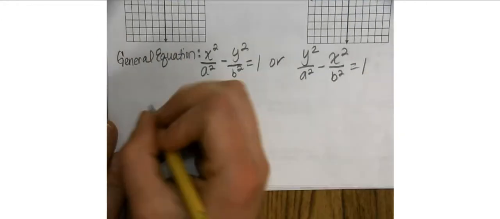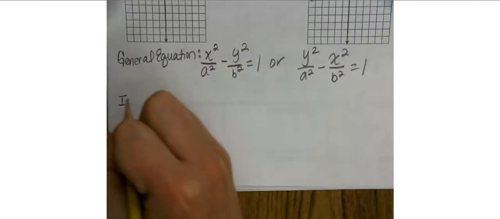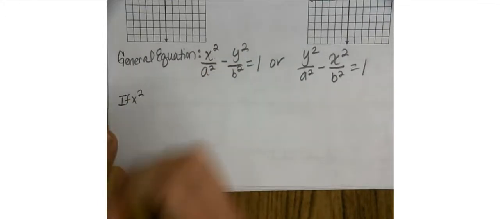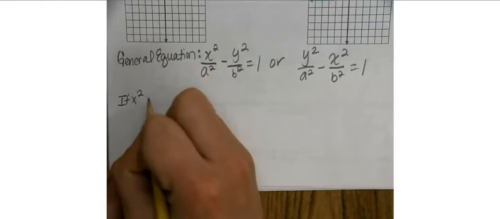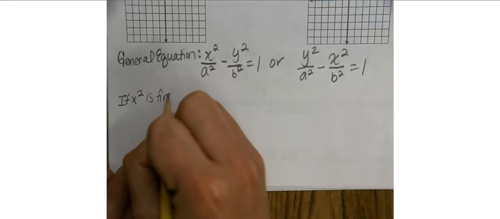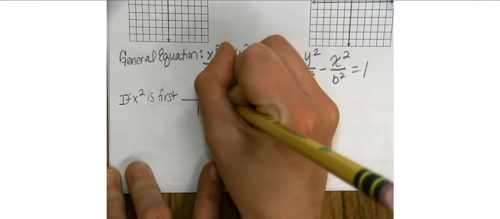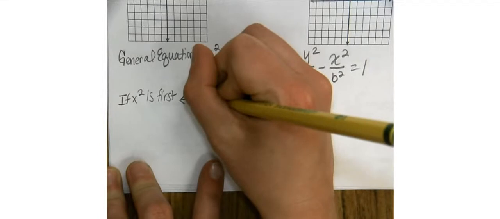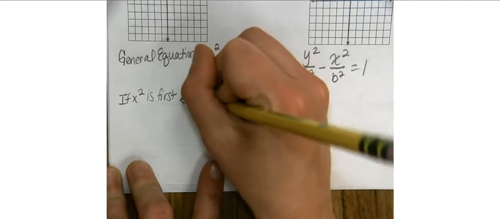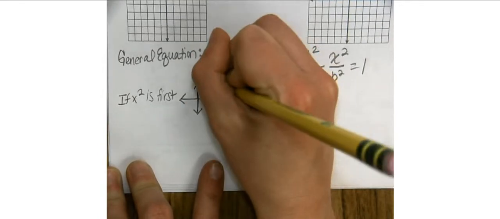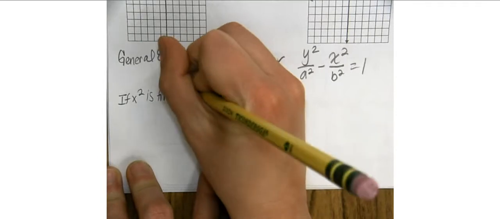So let's say that x squared comes first. If the part that has the x squared is first, then that means that our hyperbola, so remember I said in the very beginning of this lesson, it's like you're going to be graphing two parabolas. Your hyperbola is going to look like this. It's going to be horizontal along the x-axis.